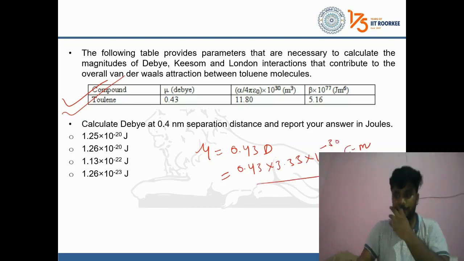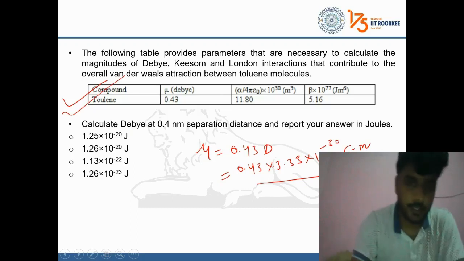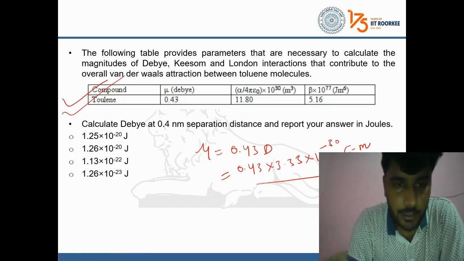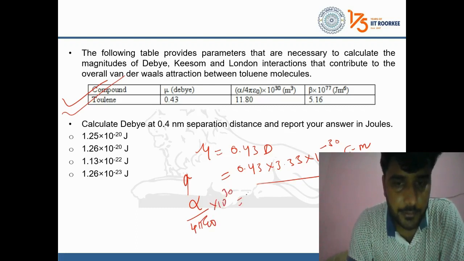Let me check the value. Yes, and the other values given here, the alpha, the polarizability, alpha divided by 4 pi epsilon naught in 10 raised to 30 is equal to 11.80.